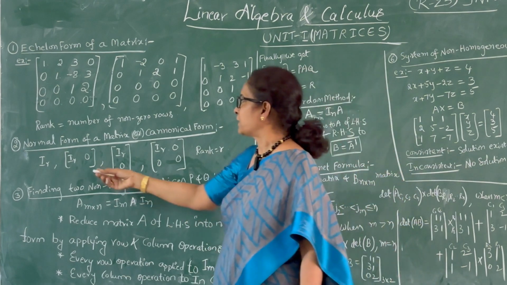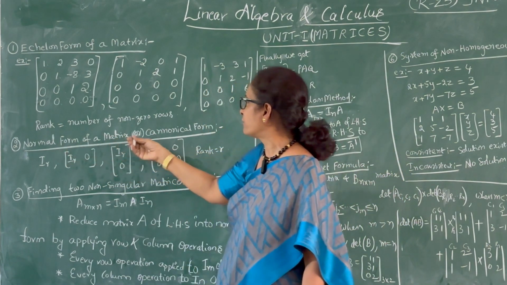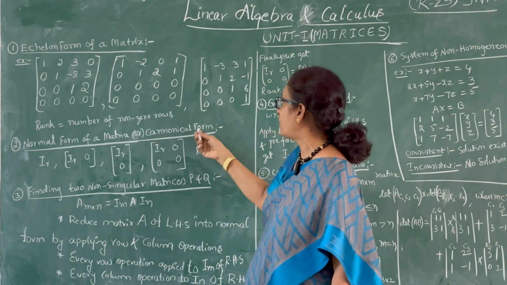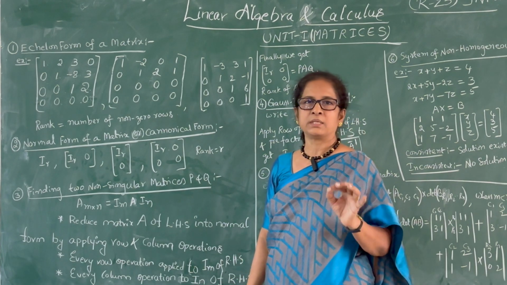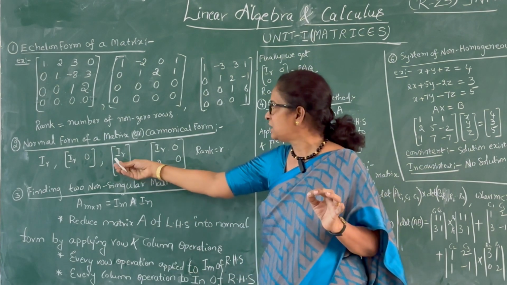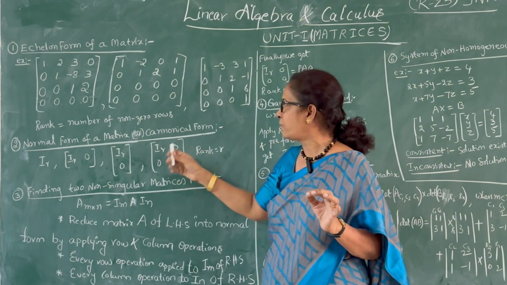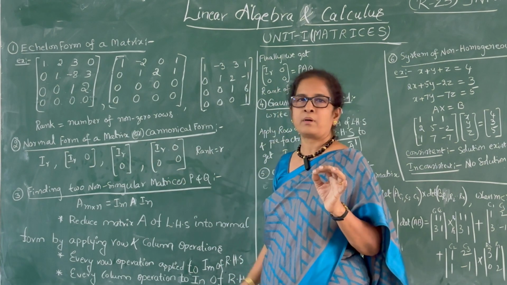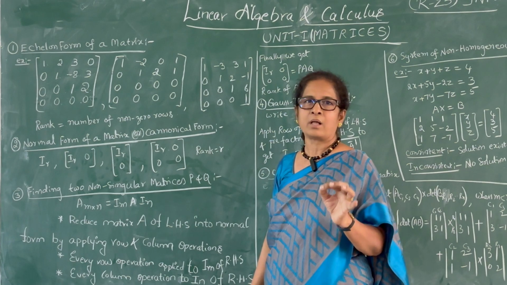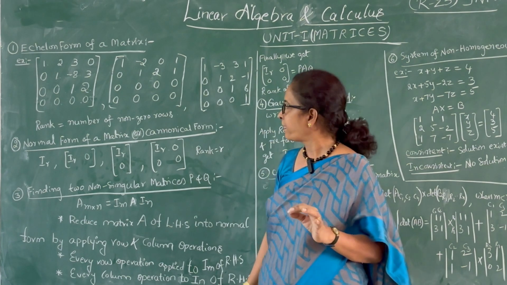The second topic is normal form of a matrix, or canonical form of a matrix. We are reducing the given matrix into these forms, which are called normal forms, by applying row and column operations.